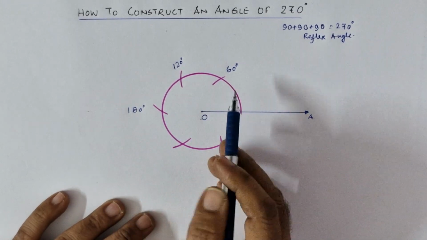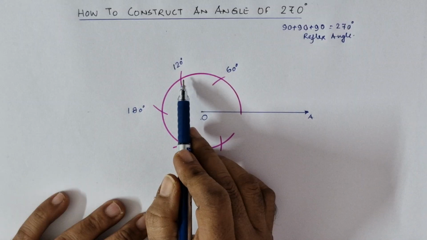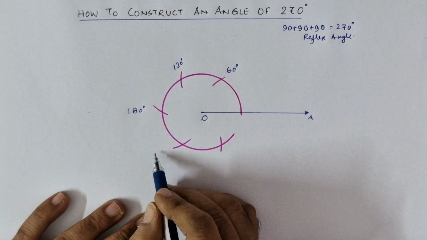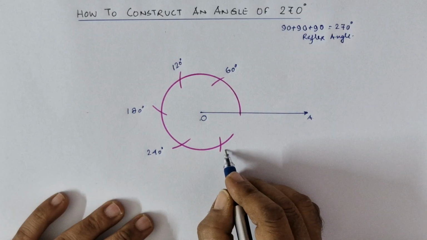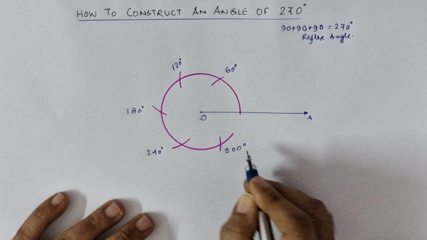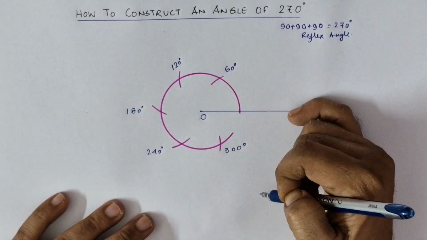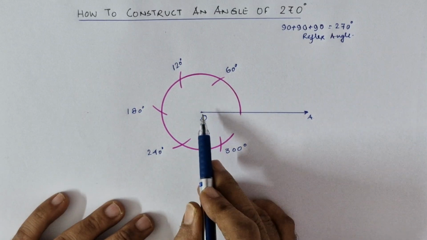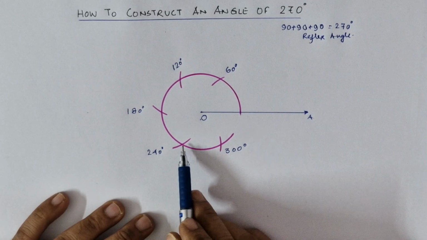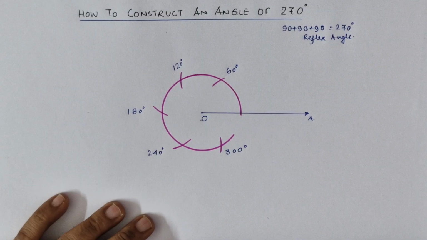Now obviously, we are getting 60 plus 60 plus 60 plus 60. So this one will be 240 degree. Okay. And this one will be 300 degree if I join this one and this one, right? Now I need to drop the 90 from here. See, from this point and this point. Okay. How to do it?